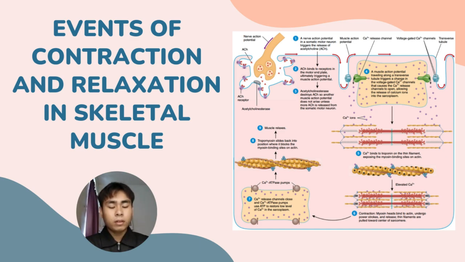Then the tropomyosin will slide back to its original position, because during contraction it was pulled, and it blocks the myosin binding sites of the actin. Therefore, once the myosin binding has been blocked, the relaxation event occurs.